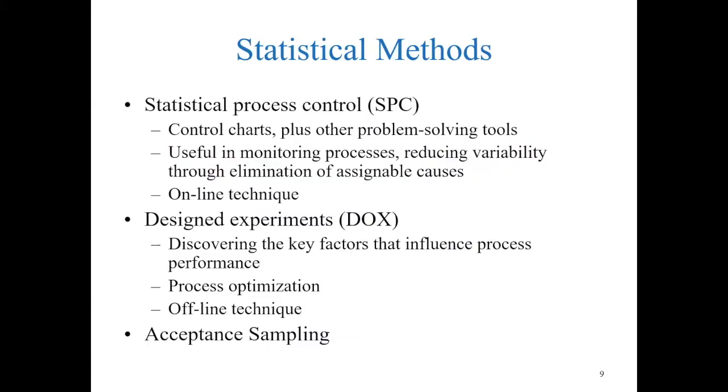Other quality control techniques that are also applicable, whether at the customer level or the supplier level, is also acceptance sampling. And in acceptance sampling, it's generally a procedure where you make decisions about the product that you are receiving or sending, whether it's generally in conformance to your standards or not.